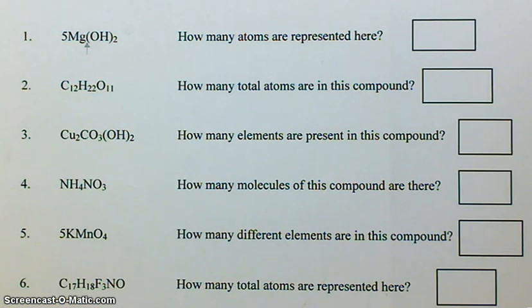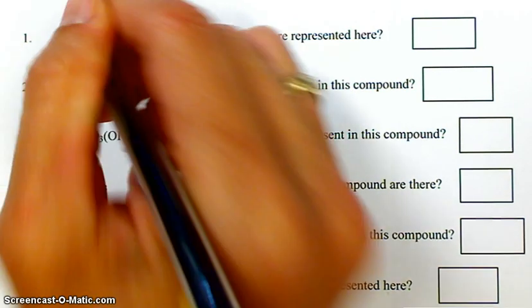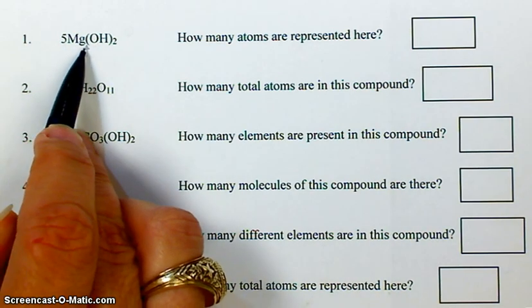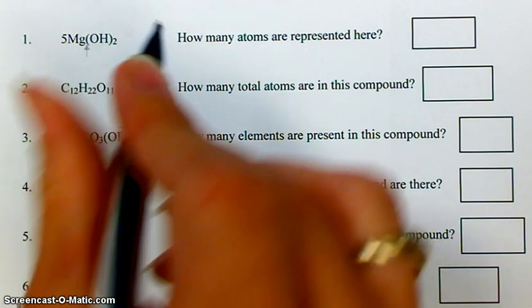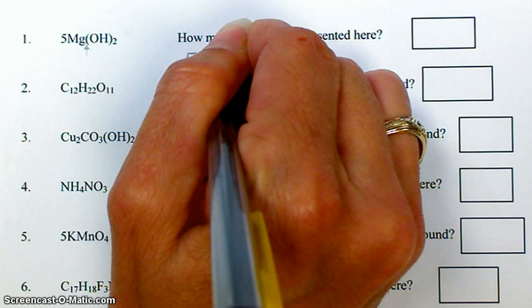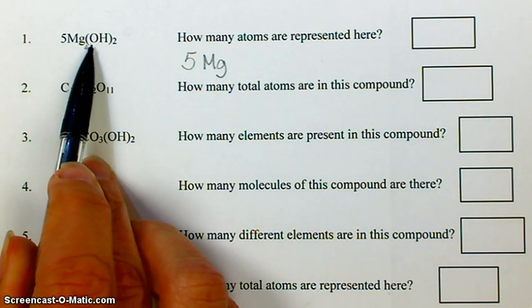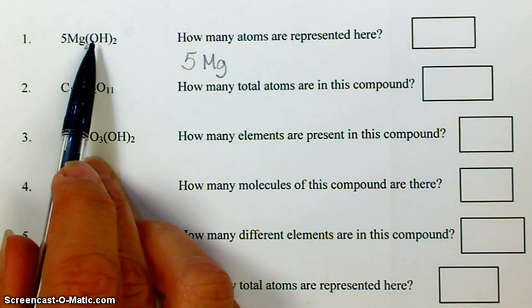All right, well, how many total atoms do we have? For magnesium, I'm going to take magnesium's subscript, which is 1 because it's not written, and multiply by the coefficient. So that's 5 magnesium atoms. And then I need to look at my next element. And remember, every time you get to a new capital letter, you're at a new element symbol.